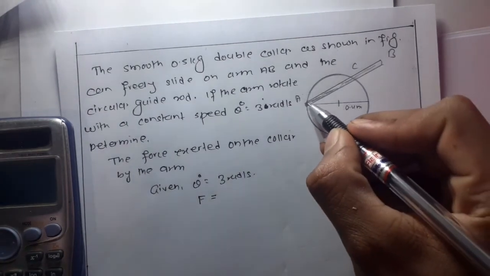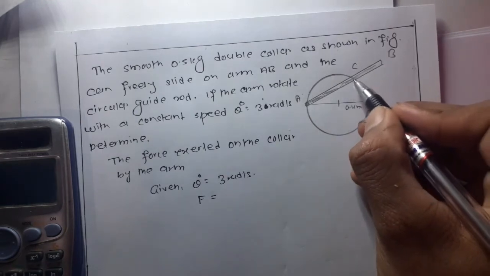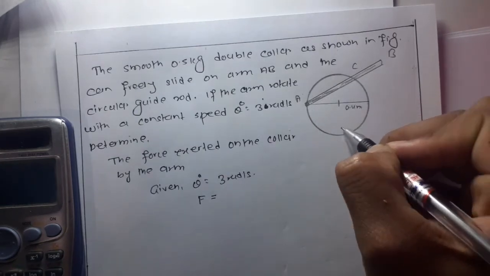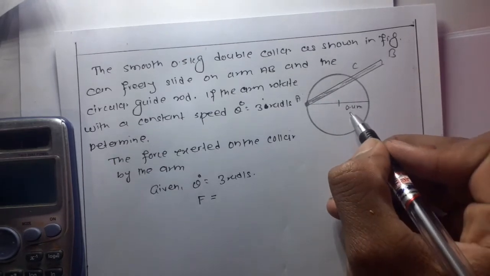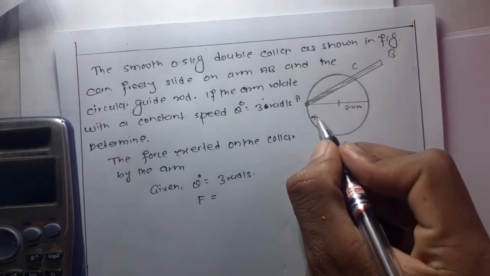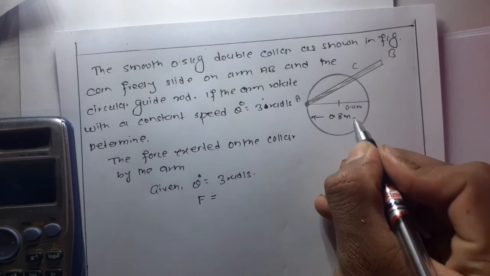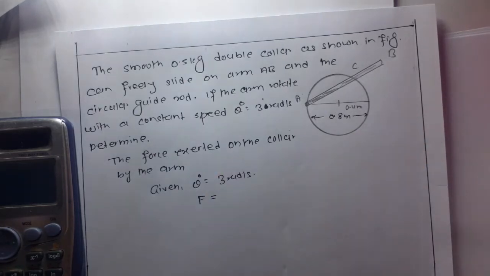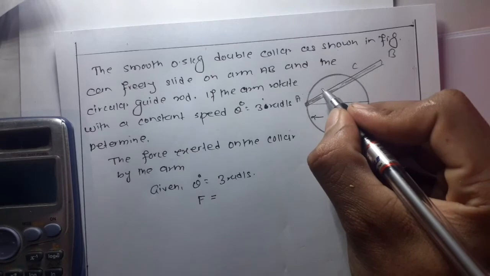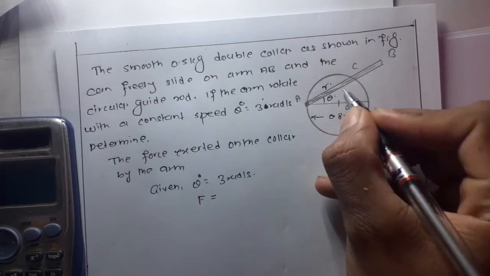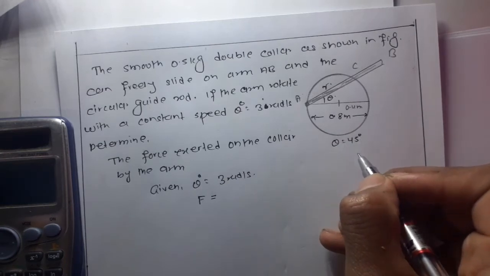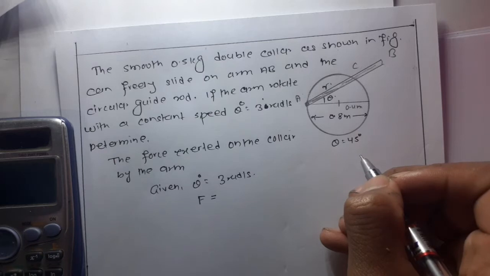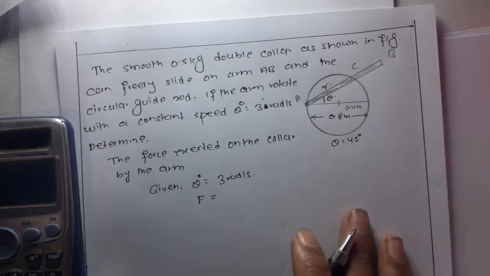Now in this figure, arm AB slides on this circular rod whose radius is 0.4, so the total is 0.8 meter. Let AC be r and this angle be theta, and given was theta is equal to 45 degrees. We have to find the force exerted on the collar by the arm at that instant when theta is equal to 45 degrees.